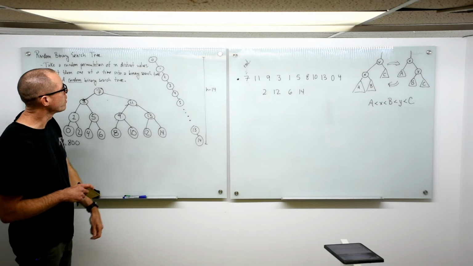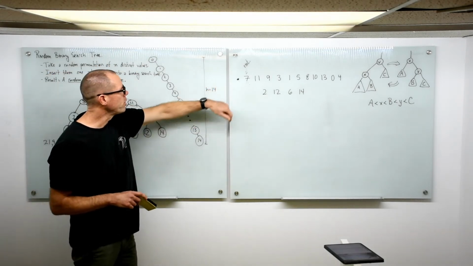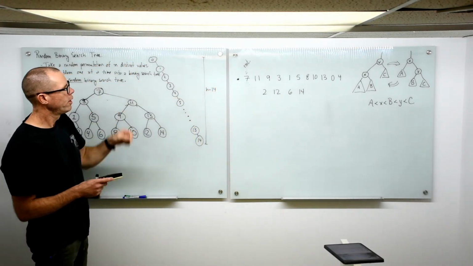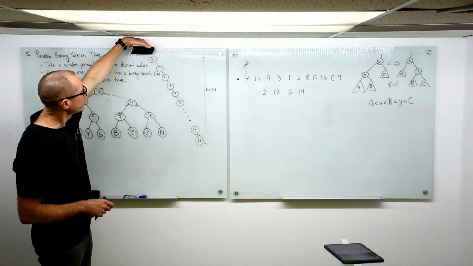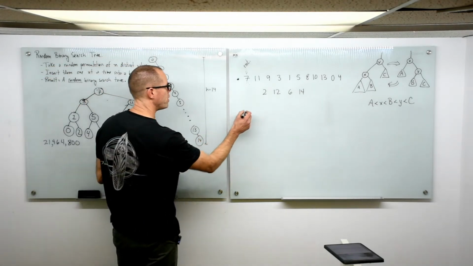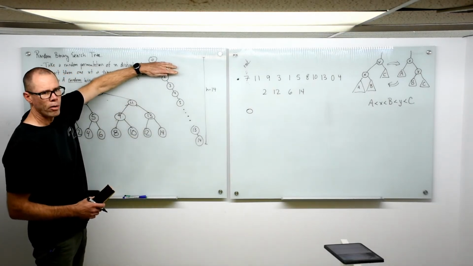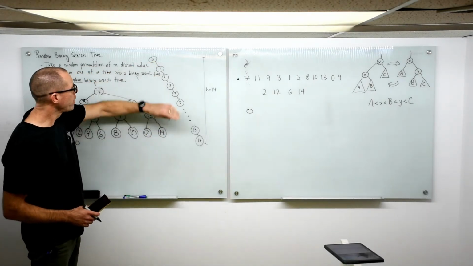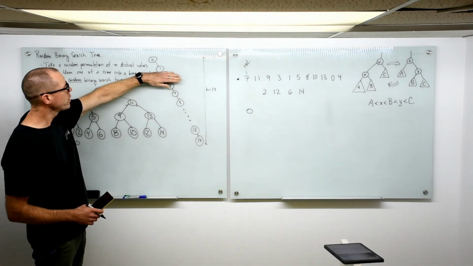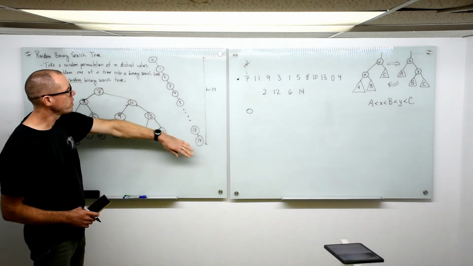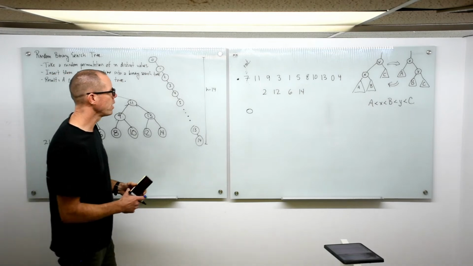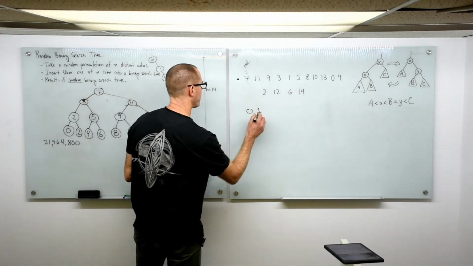The observation starts with, well, the first thing in the permutation is always going to be the root. So the permutation that creates this thing is going to have to start with a 0. And that creates the tree that has only this one node with a 0. And then the only other node we can attach at this point to get this tree is a 1. So the next thing in the permutation is going to be a 1.